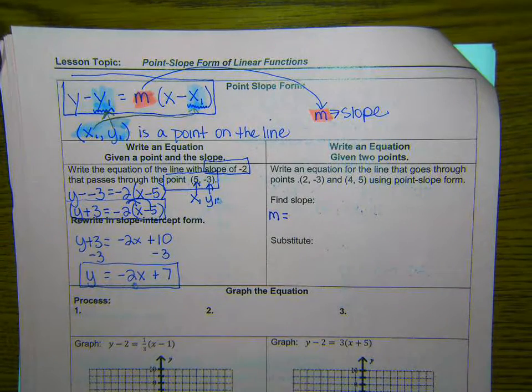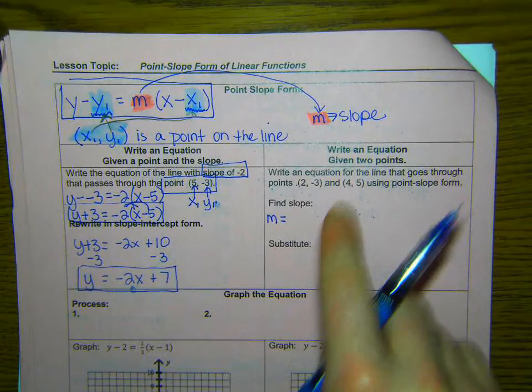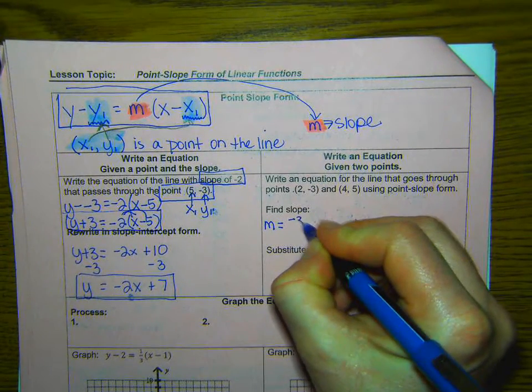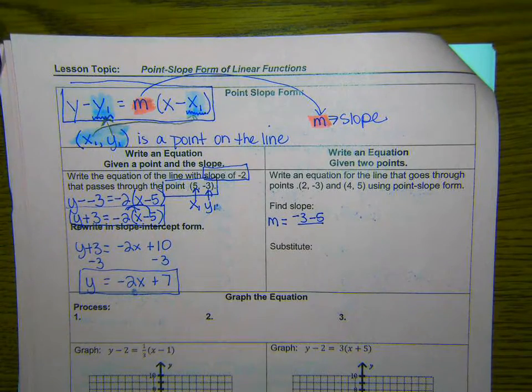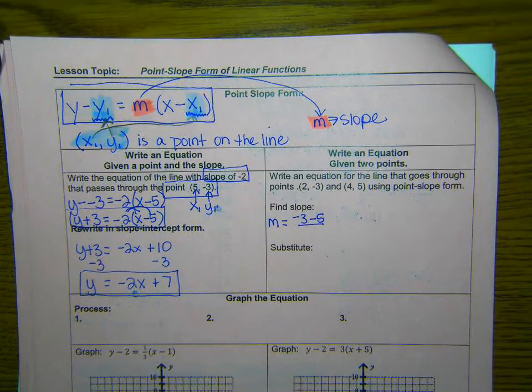Let's find the slope. M equals. All right, slope. At this point, guys, we've talked about slope for a while. I expect you to know how to do it. Rise over run. Rise rhymes with y's. Y's go on top. So I'm going to do negative 3 minus 5 on the top.